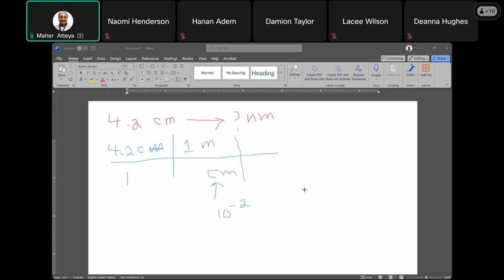Everybody agrees? C is the code for something equal to 10 to the minus 2. So since C is 10 to the minus 2, then let's put the opposite of it in front of it here. What do I have to put? Plus 2. I have to put plus 2, correct?